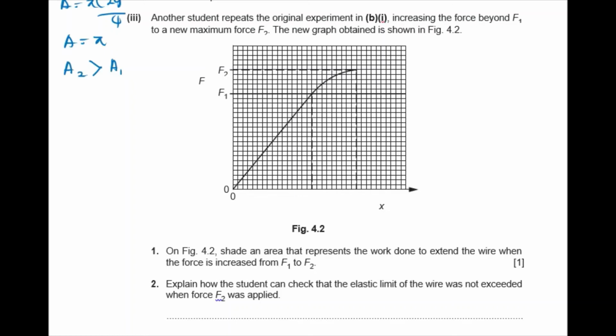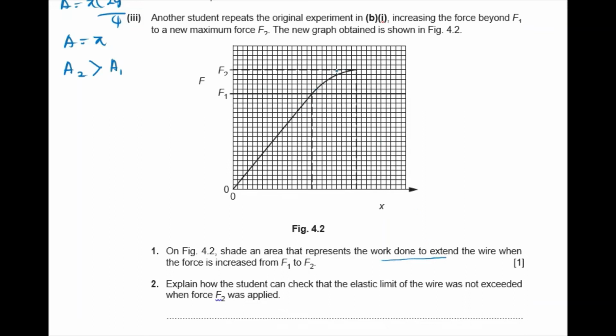B3, another student repeats the original experiment in B1, increasing the force from F1 to a new maximum force F2. The new graph obtained is shown in figure 4.2. Part 1: on figure 4.2, shade an area that represents the work done to extend the wire when the force is increased from F1 to F2. So work done is the area under the graph.